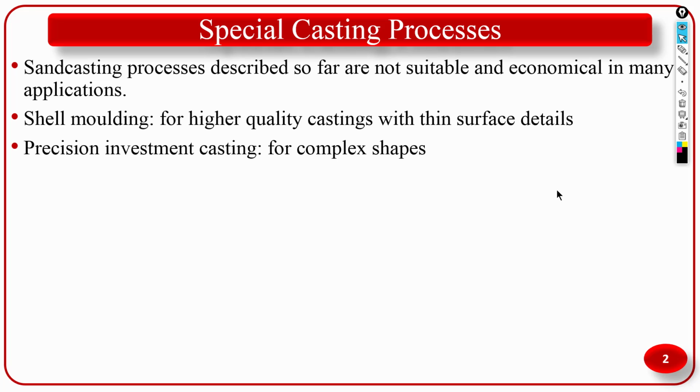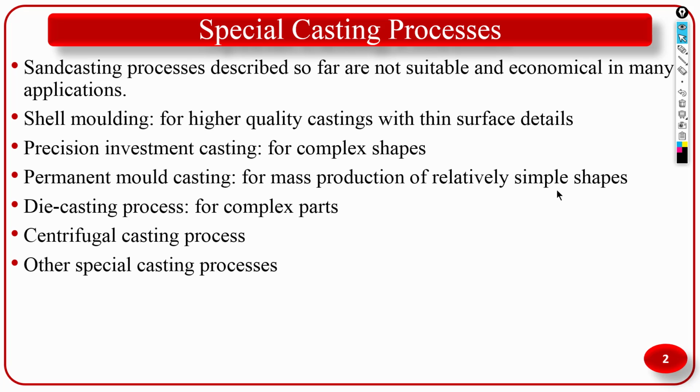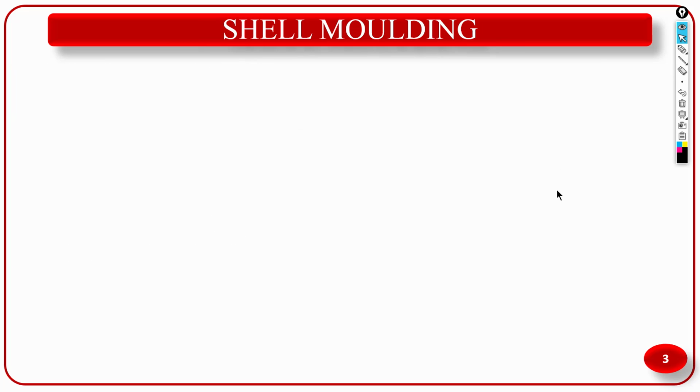So what are the different casting methods we will see here. If we categorize all the casting methods into separate categories, we can divide them this way. First, we will talk about shell mold casting and slush casting.